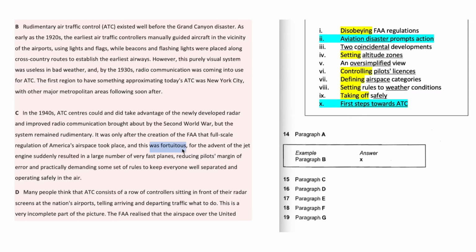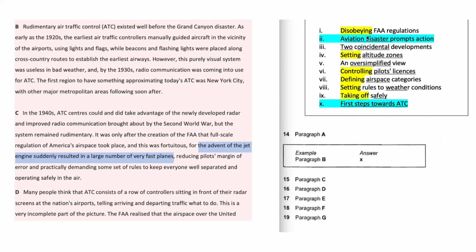And why was it unintentional? Because it tells you here, the advent of the jet engine suddenly resulted in a large number of very fast planes. So we've got two events that happened unintentionally, and they were fortuitous.